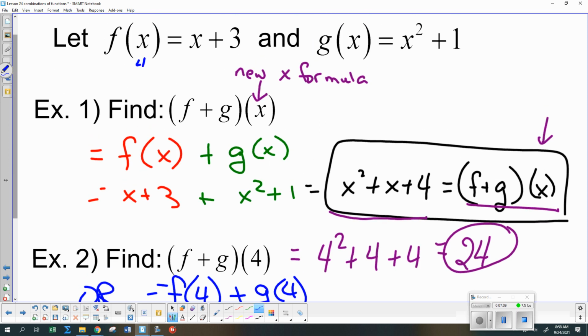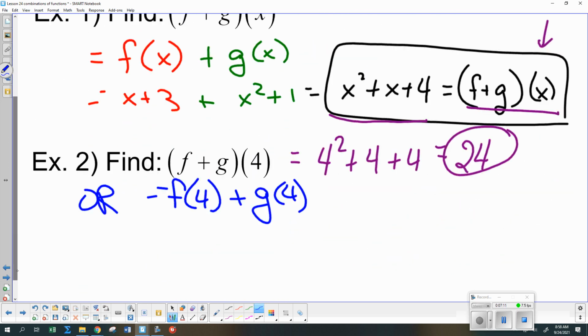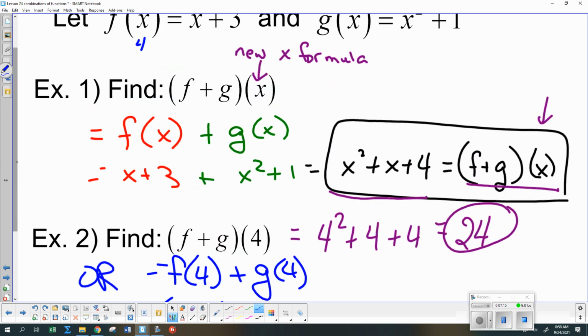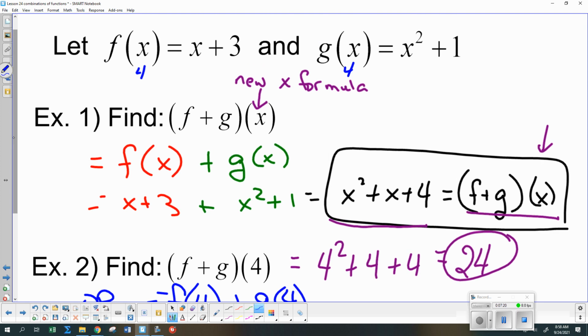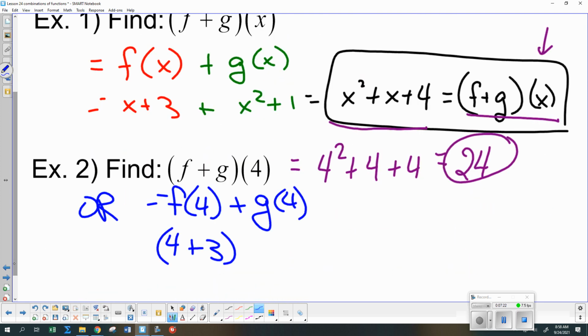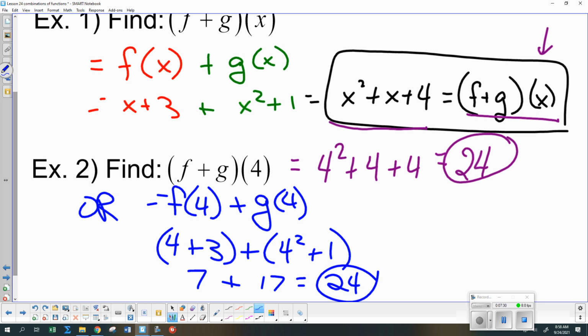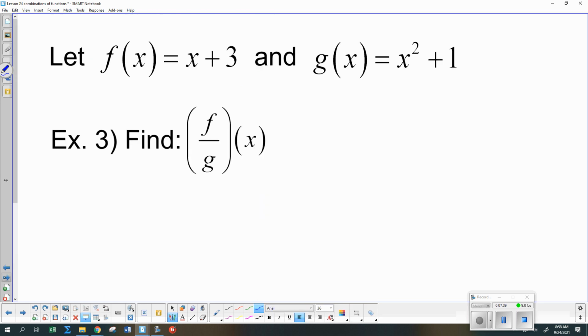F of 4 is 4 plus 3, and g of 4 is 4 squared plus 1. So 7 plus 17 is 24. So we could have just plugged the 4s in and added things together. I told you this was pretty straightforward.